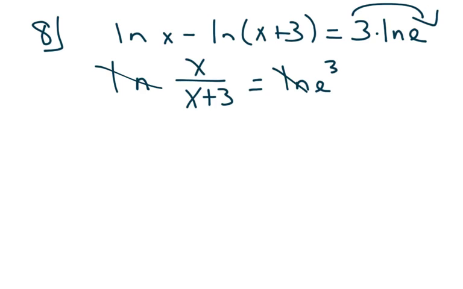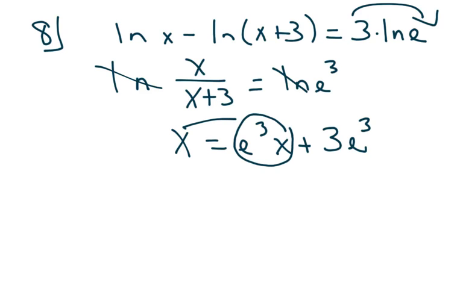Now cross multiply. x equals e cubed times x plus 3e cubed. And I'm solving for x, so what I'm going to do is move this over here. So we have x minus e cubed x equals 3e cubed.